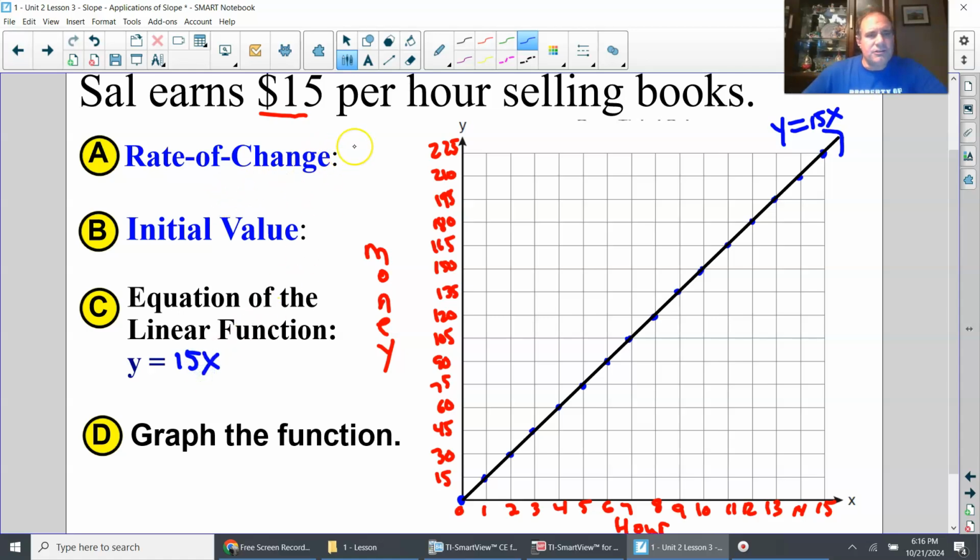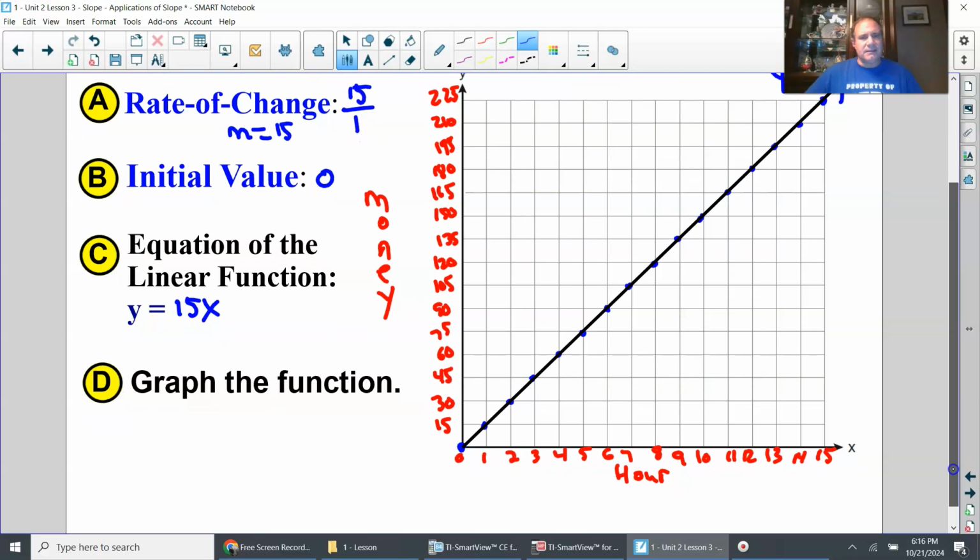The rate of change is 15 over 1, which is m equals 15. The initial value is 0. And it says graph the function, and we did.